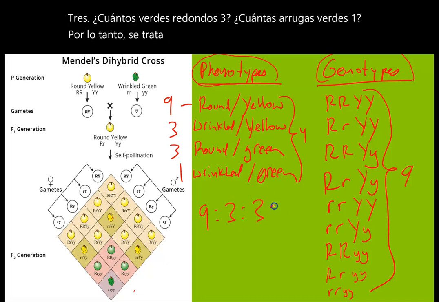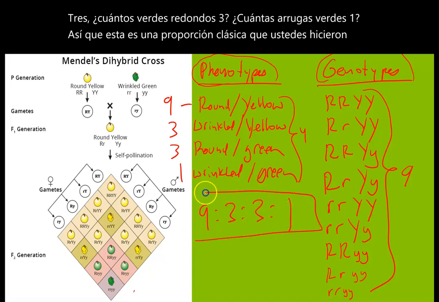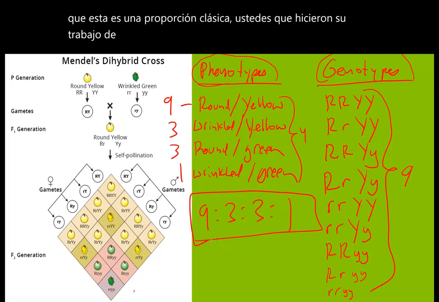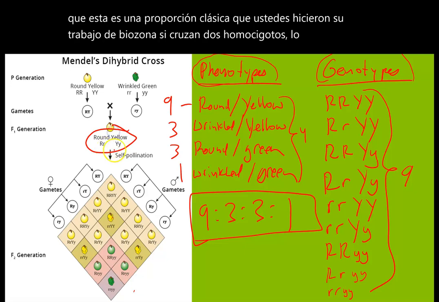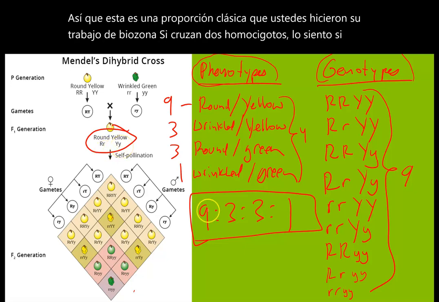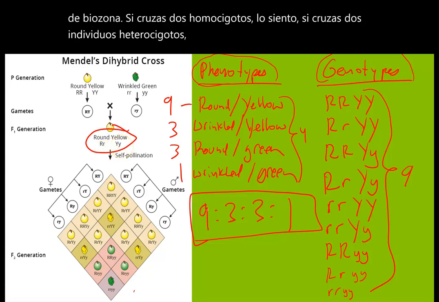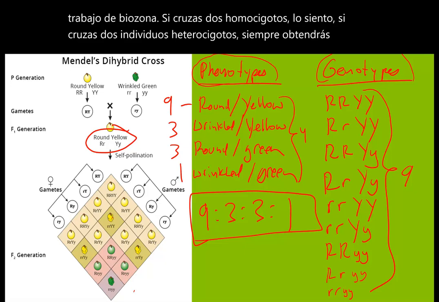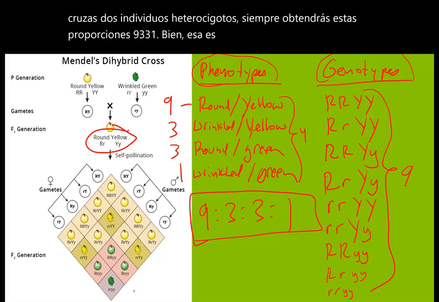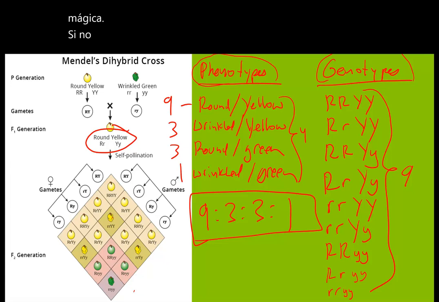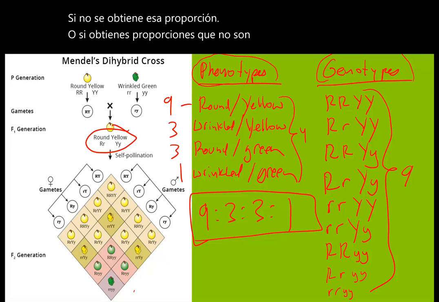So this is a classic ratio. You guys that did your biozone work, if you cross 2 heterozygous individuals, you'll always get these 9:3:3:1 ratios. Okay, that's kind of the magic ratio. If you do not get that ratio, or if you get ratios that are not what you expect, that means something's going on.